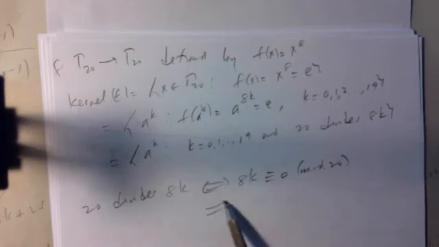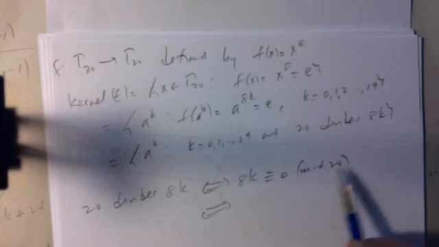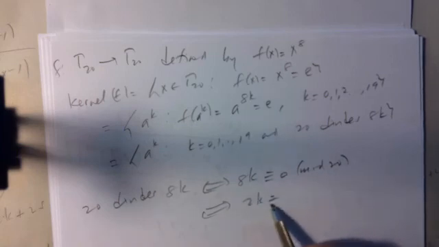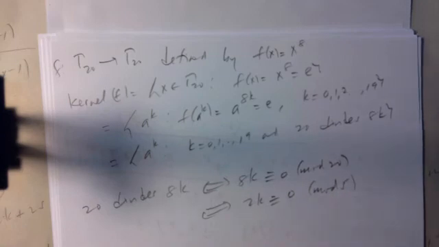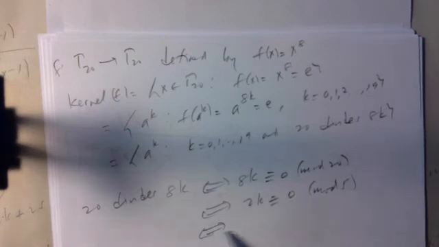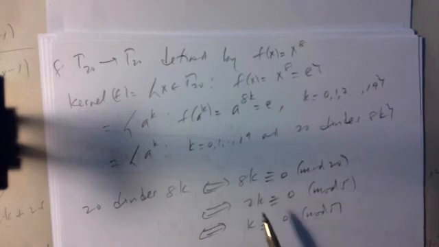And you can divide this congruence by 4, because 4 divides all these numbers, if and only if 2k is congruent to 0 mod 5. Right, just divide by 4. If and only if k is congruent to 0 mod 5.